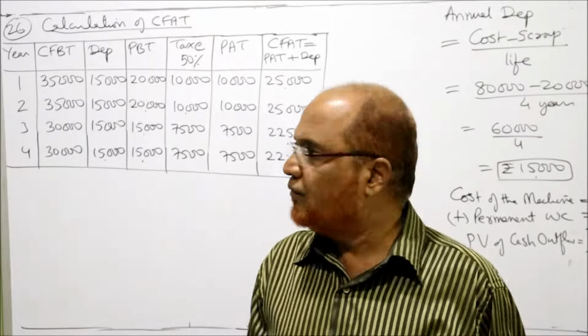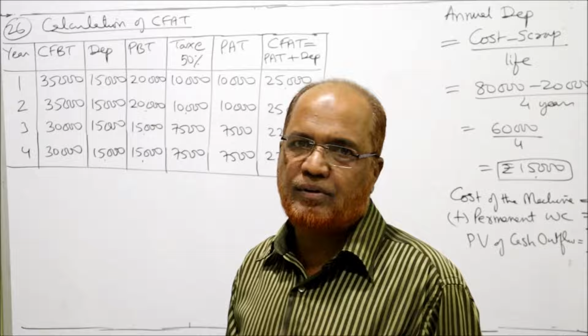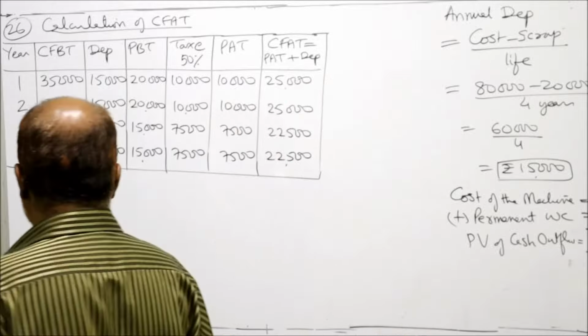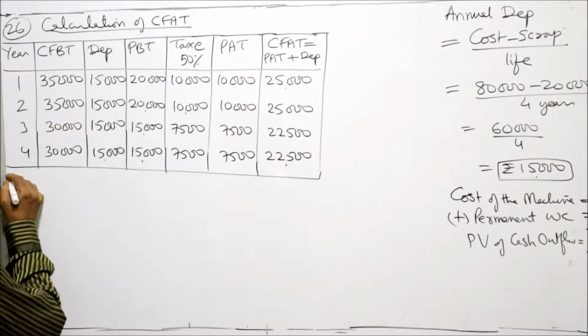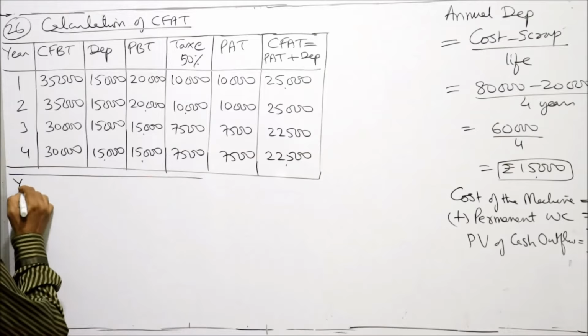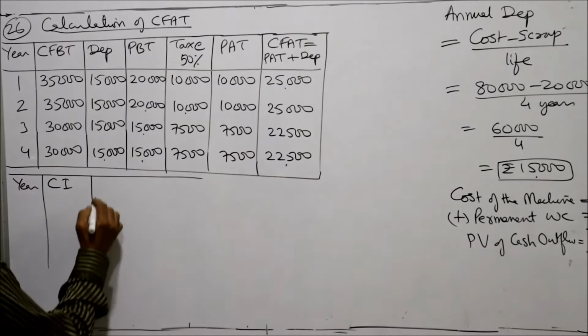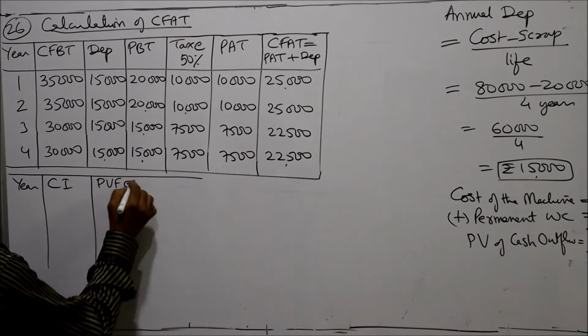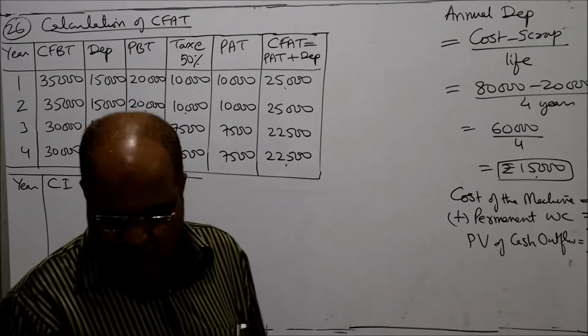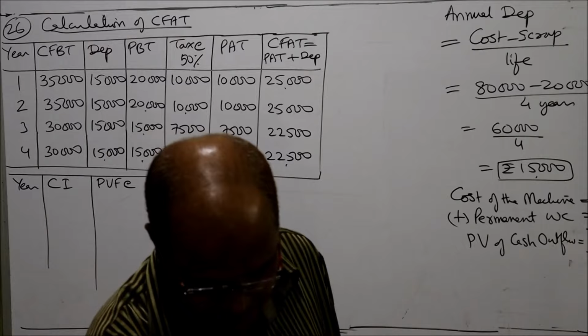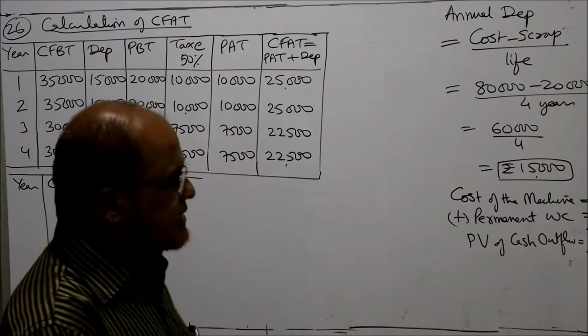Now we calculate the NPV, net present value. To calculate NPV, first of all year, cash inflows, PV factors at the required rate of return, the discount rate given in the problem. Required rate of return is 10%.